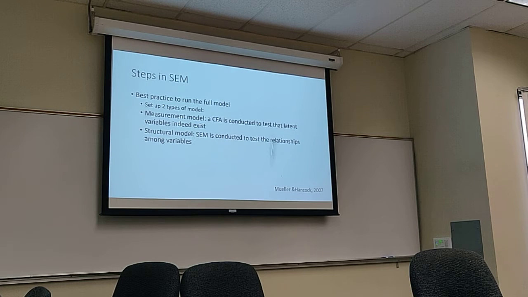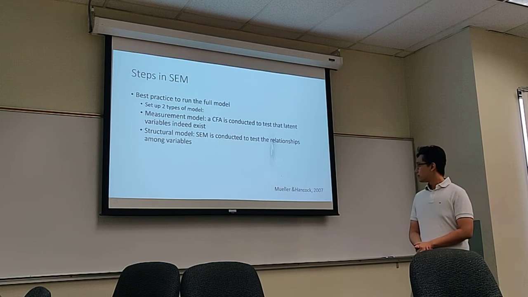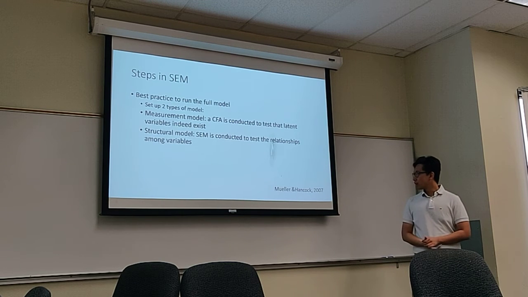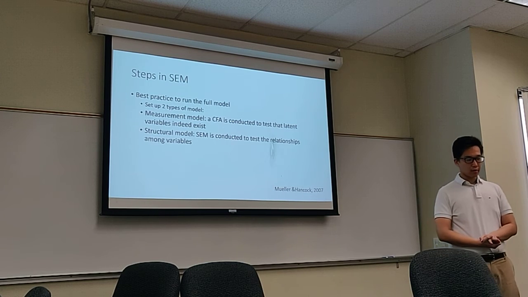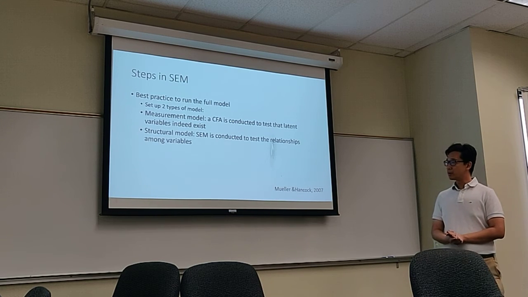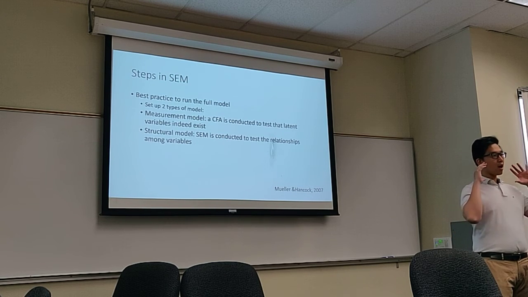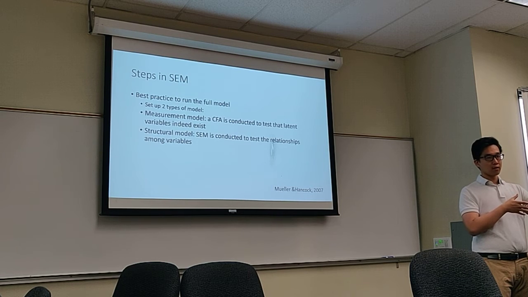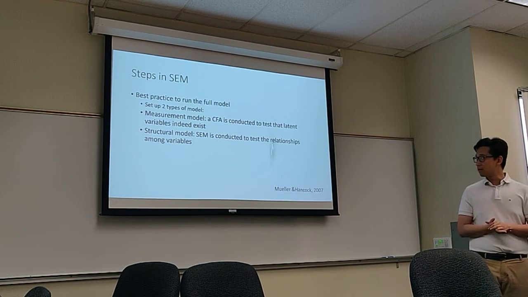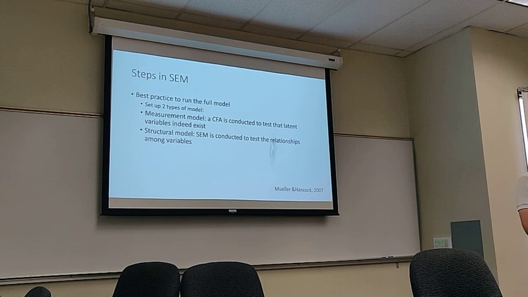And here's some best practice to run the full model, recommended by Mueller and Hancock. They recommended a two-step strategy. The first step is to build a measurement model. It's actually a CFA. All the hypothetical constructs are thrown in the model, and you do a CFA to see whether the items measure the hypothetical constructs or not.